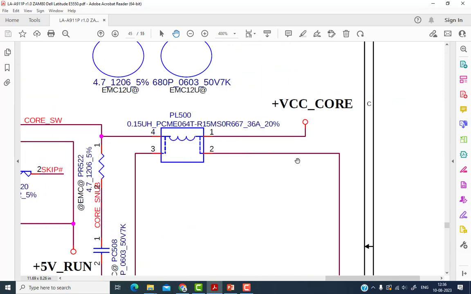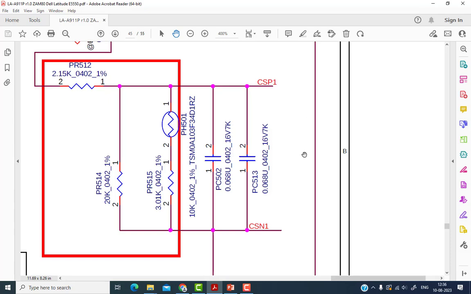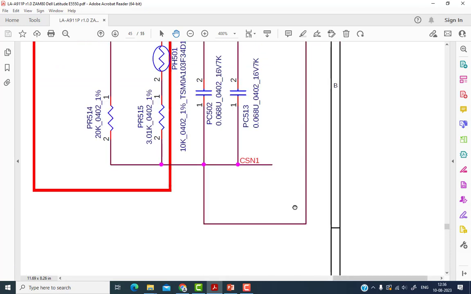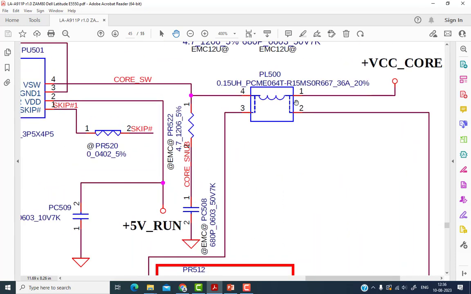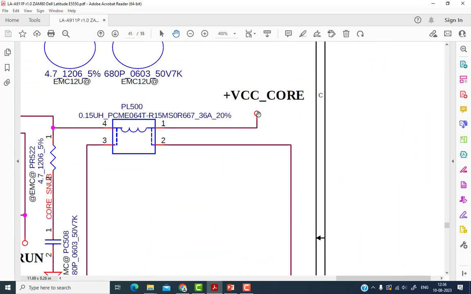Then this voltage is filtered by the capacitors. There are a number of capacitors here that start filtering, and then the CPU core voltage will be generated here. It's called VCC_CORE. So this is the output voltage, and here we will get approximately 1 volt.